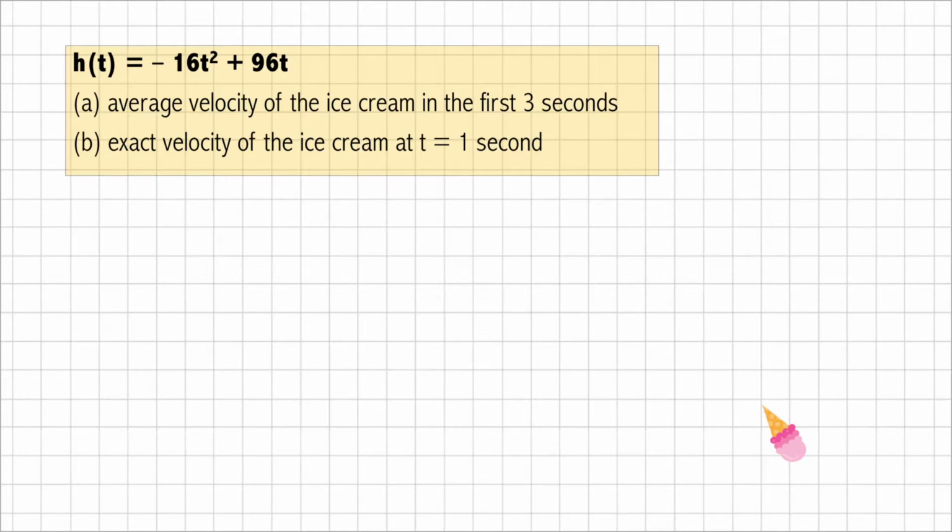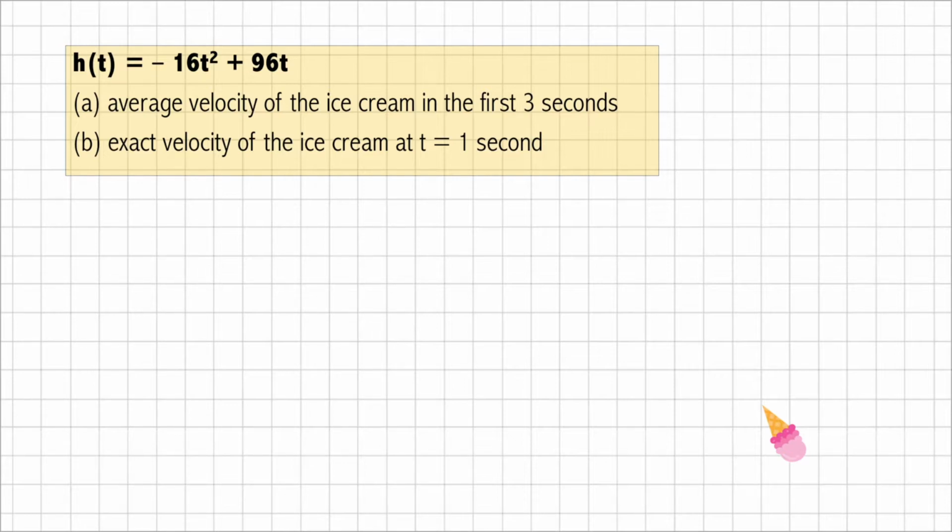Okay, let's first identify the variables and look at the problem in the context of rates of change. We know that to get the height of the ice cream, we will need to input after how long it has fell, which is t. So x, the independent variable in this case, is t, while f of x, the dependent variable, is the height, h of t.